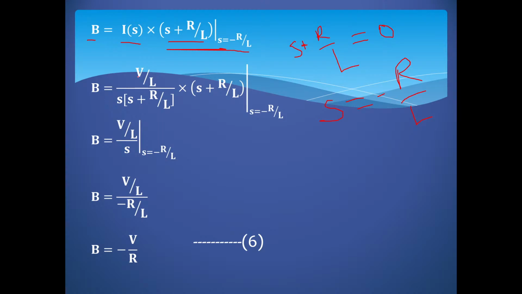So what is I of S? V by L by S plus R by L into S plus R by L at S is equal to minus R by L. So S plus R by L and S plus R by L cancel. What is left over?